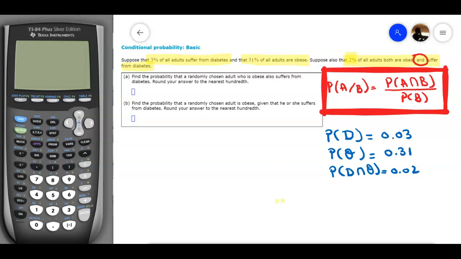Having said that, let's go to the question. The first question asks you to find the probability that a randomly chosen adult has diabetes, given that he is from the group of obese people.